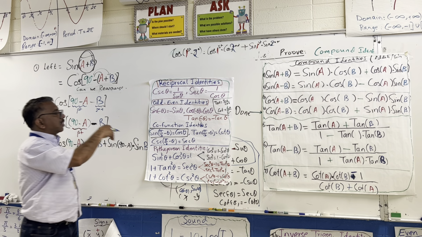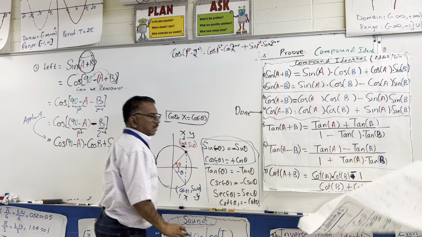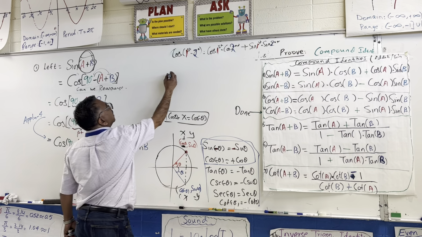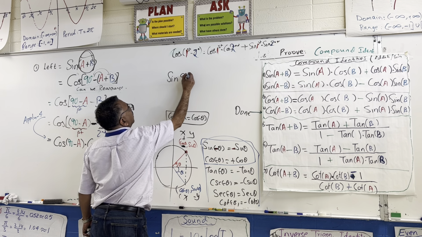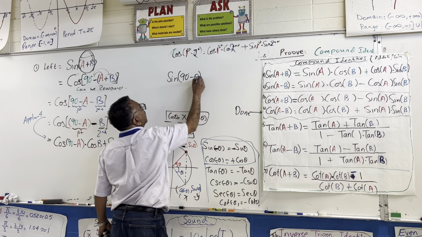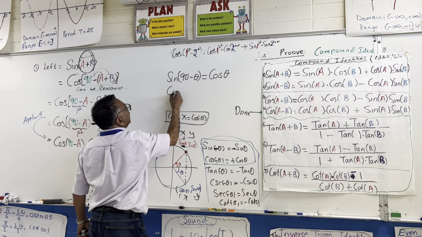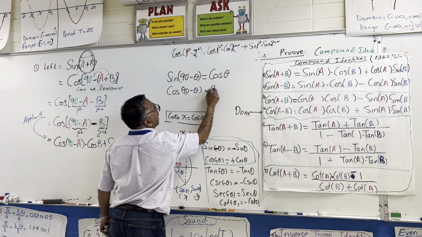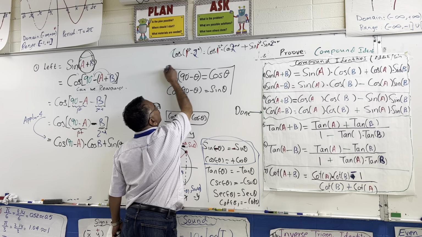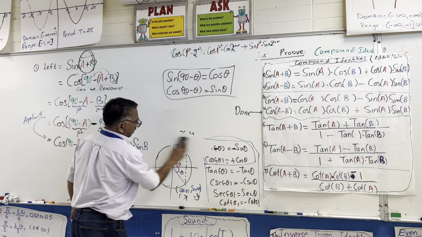I think I'd better write that. What I am trying to say is this. On top of the page, write down: sine of 90 minus theta is cosine theta, and cosine of 90 minus theta is sine theta. Always true. Can you take note of this, just in case you forget?